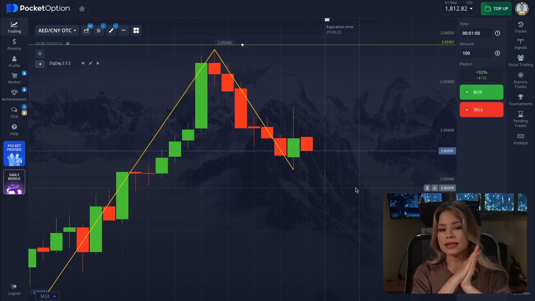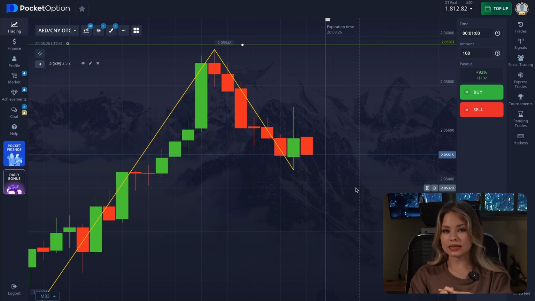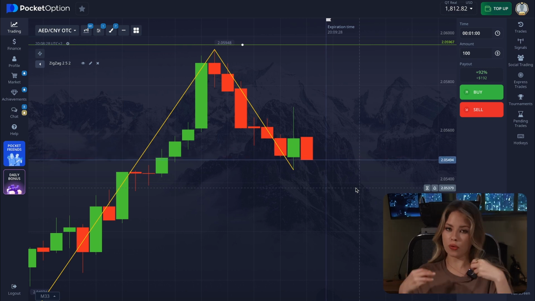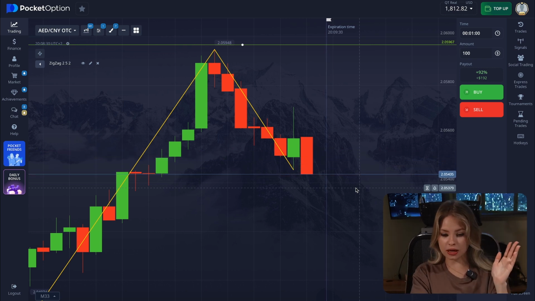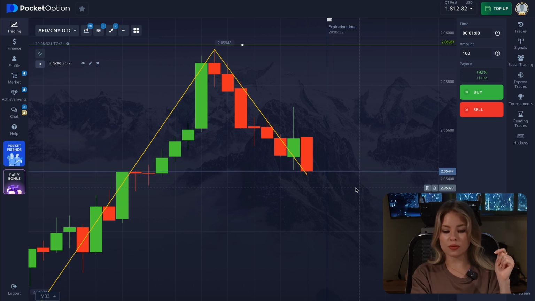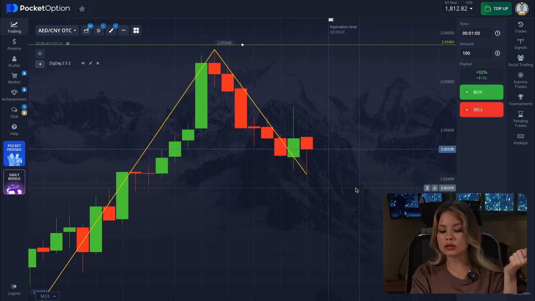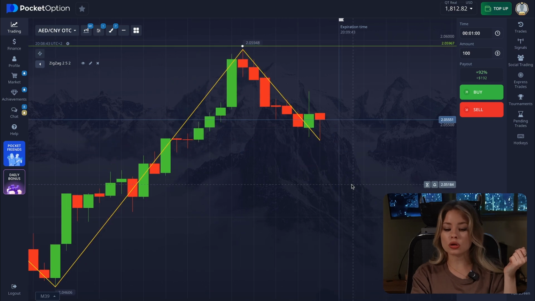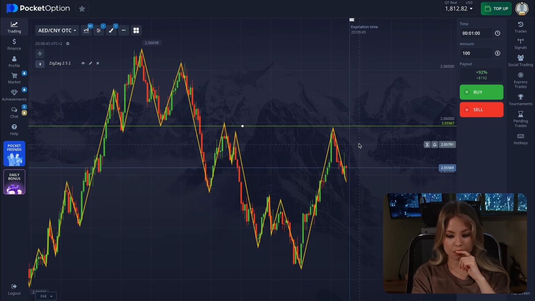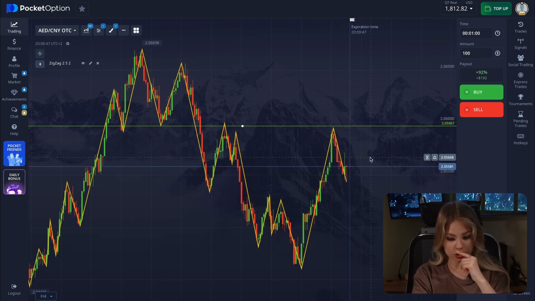Generally, ZigZag doesn't give you signals to enter, to go short or go long. You can just have a look at the chart, have a look at the market, try to draw levels, try to see patterns. It will be really useful for you in the not so far future.